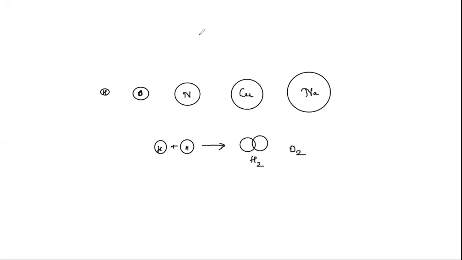Atoms of the same element have the same size. Atoms of different elements have different sizes. When we talk about compounds, two or more atoms of different elements combine. Like for example, suppose I want H2O.